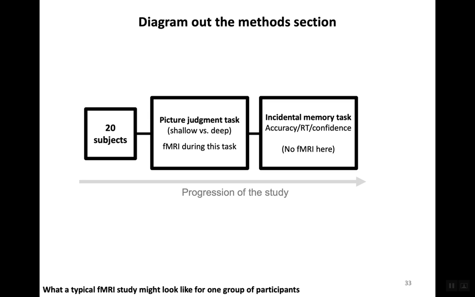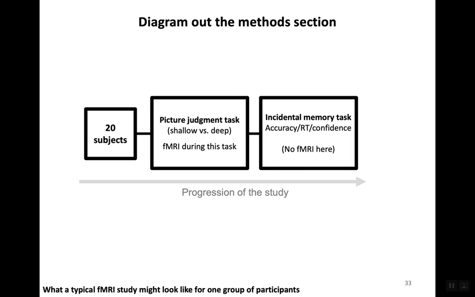And then let's say that in a second step in this study, participants were asked to perform a memory task, which measured accuracy and reaction time and confidence, but no fMRI was collected here. And one presumably would be also interested next to relate the fMRI findings to the behavioral findings of the study.